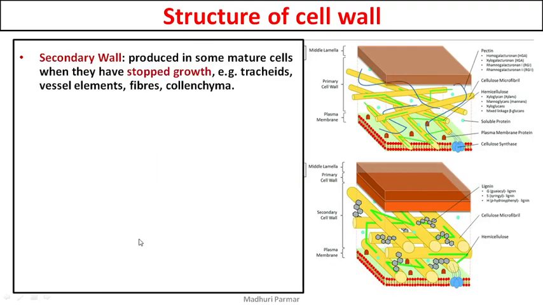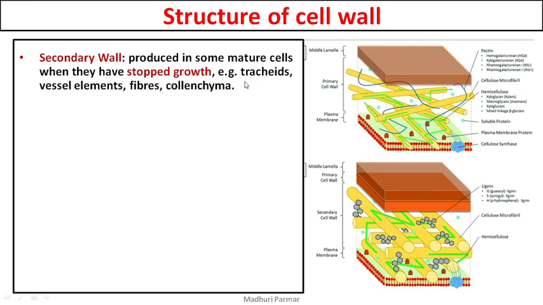Now secondary cell wall. Secondary cell wall is produced in some mature cells when they have stopped growth. When they have stopped growing, after that there is deposition of secondary cell wall.